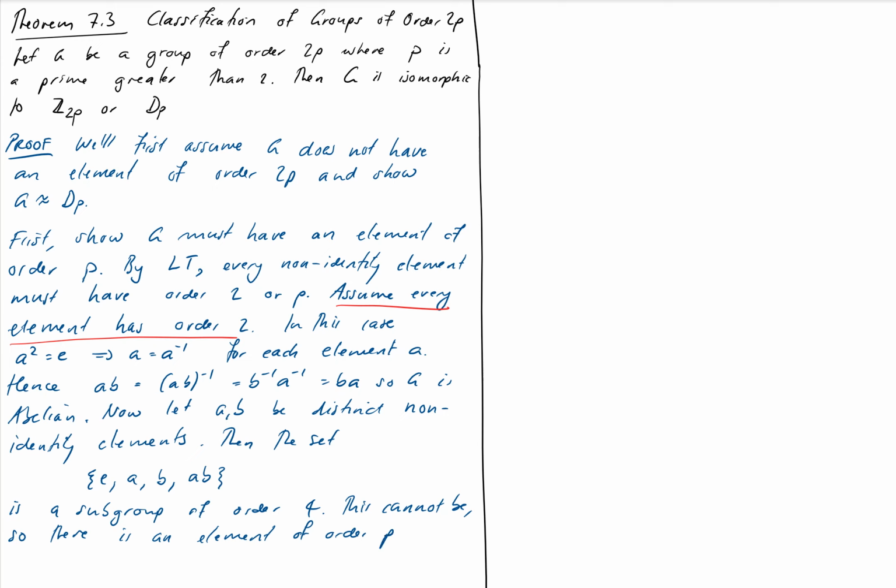Okay, there's an element of order P, because remember, every element has to have order 2P, P or 2 or 1, because those are the only divisors of 2P. Therefore, because we've already ruled out elements of order 2P here, and elements of order 2, they can't all have order 2, so there must be an element of order P. And we'll give this a name, we'll call it A.